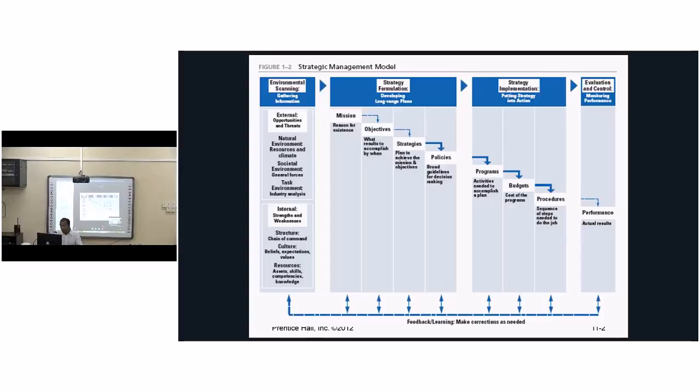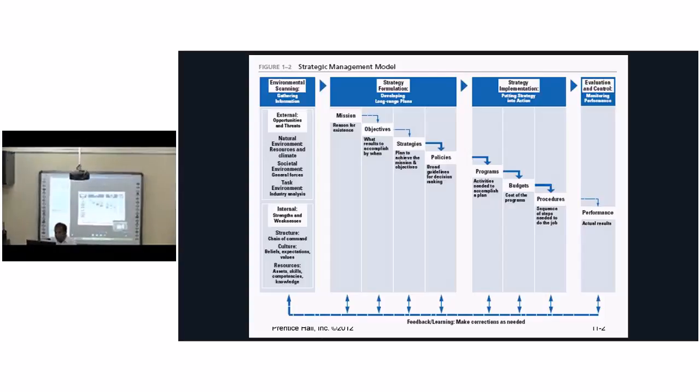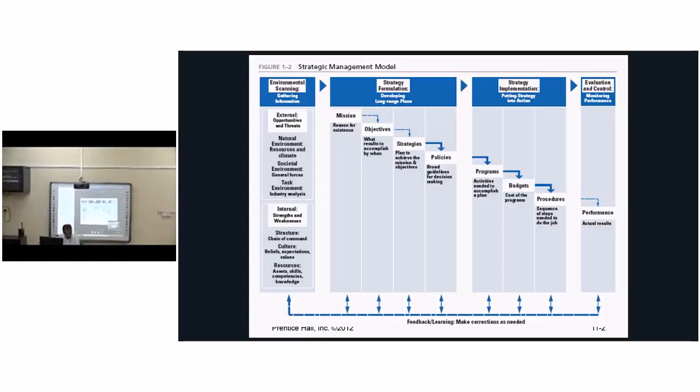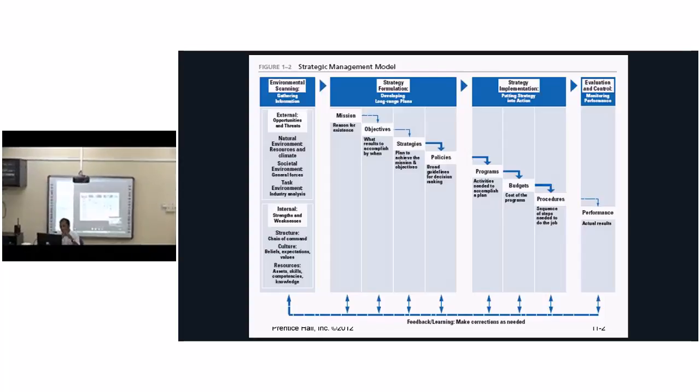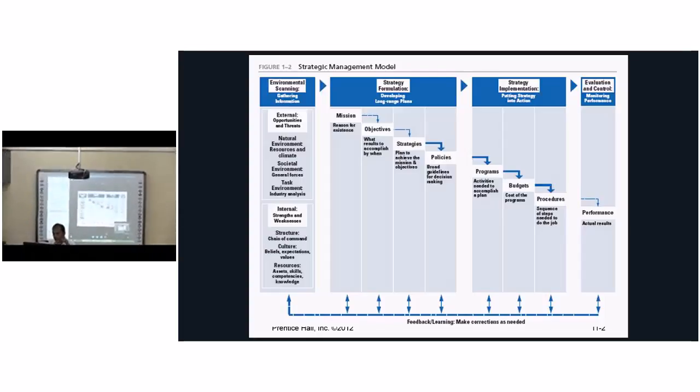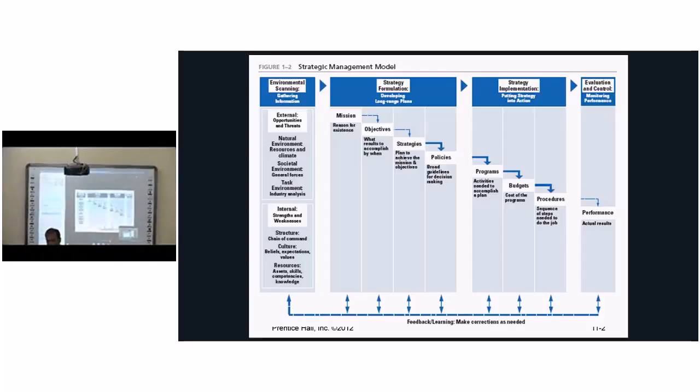Now we are coming to the stage of evaluation and control. In essence, in this stage, what we measure is this: at the strategy formulation stage, we have a certain idea. This is the point that we need to achieve. Let's say, for example, we need to achieve $100 million revenue over a 3 year period.